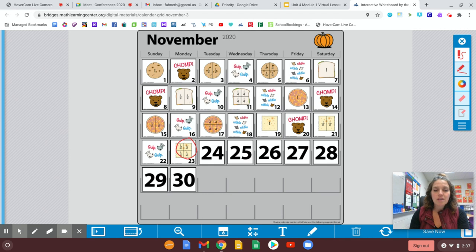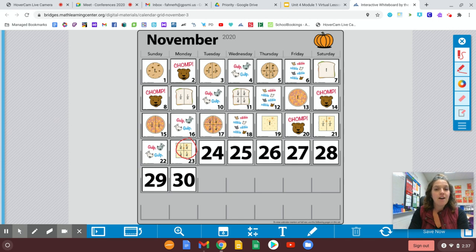All right. So if we look at 23, we have a cracker. We have one whole cracker. But think in your brain, how many pieces is that cracker being broken into? All right. How many pieces is that cracker broken into? 1, 2, 3.